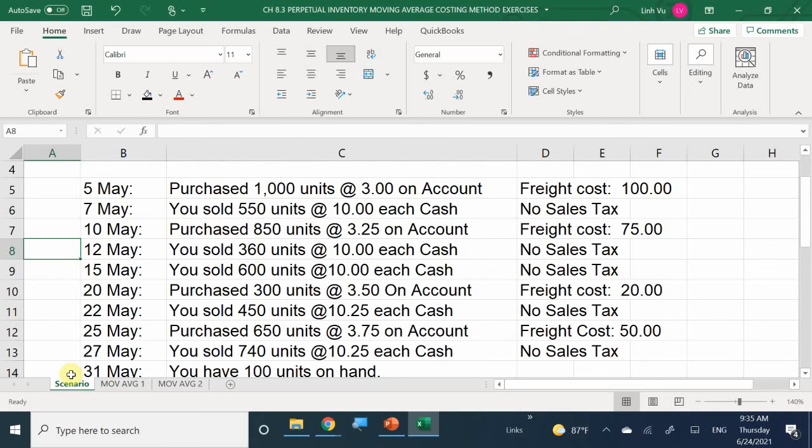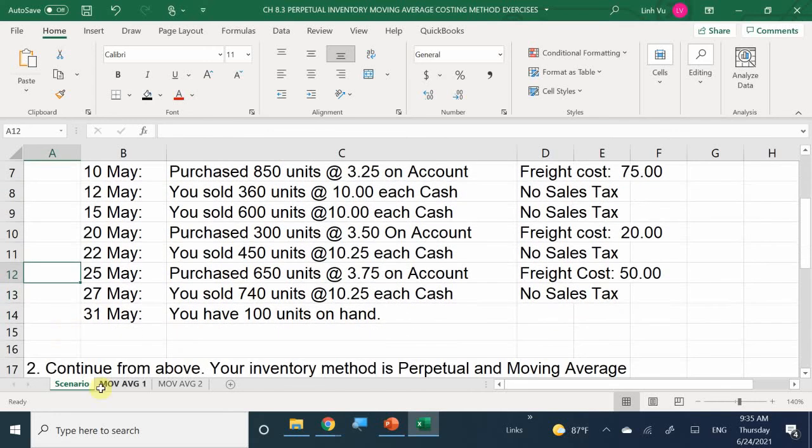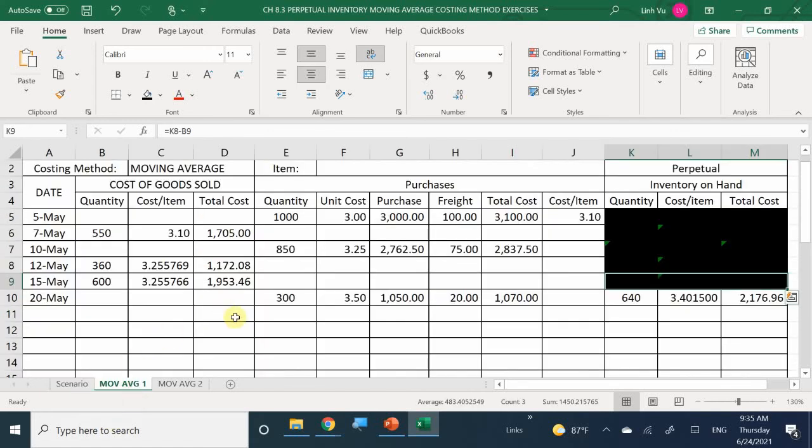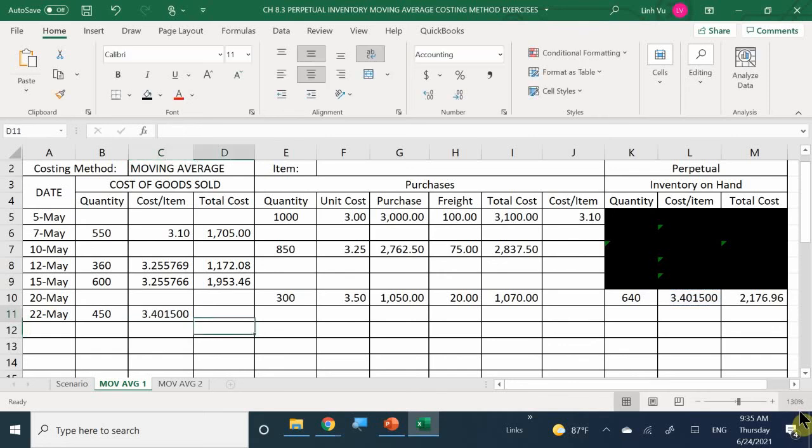What happened on May 22nd? You sold 450 items. So here, what is my average cost per item? 3.4015. Good.